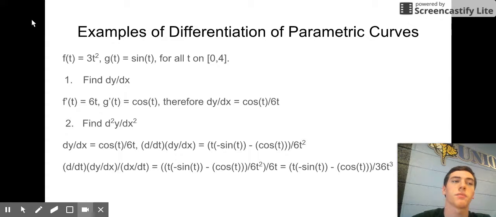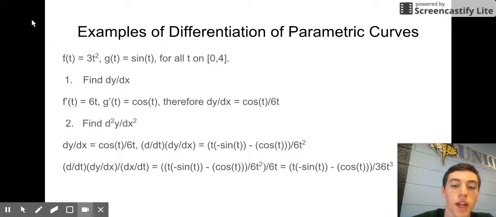So then for the second derivative of the parametric equations, you would have to find the derivative of dy over dx with respect to t, which would be negative t sine of t minus cosine of t all over 6t squared.